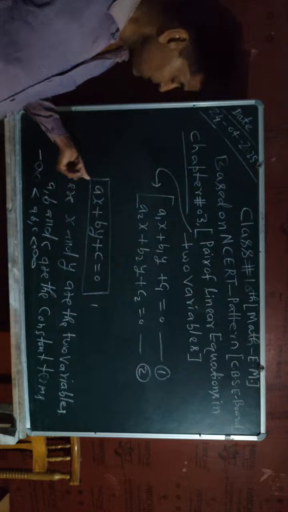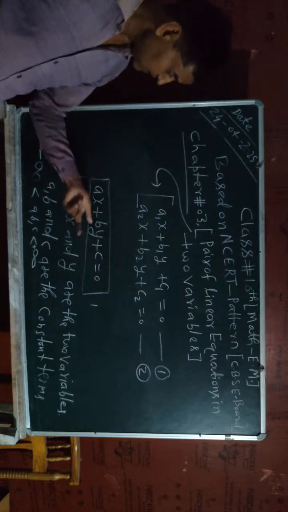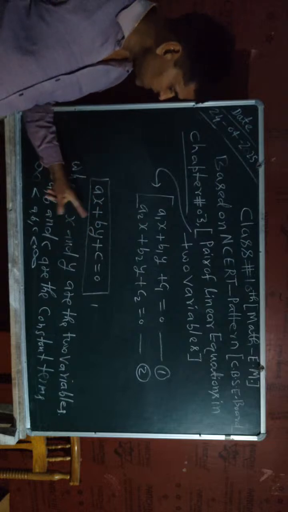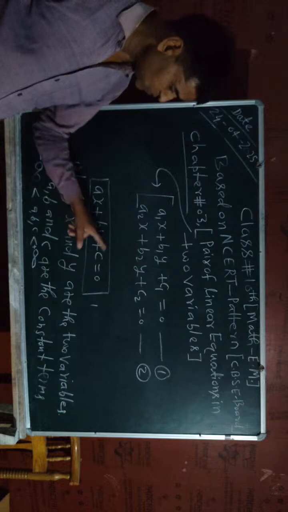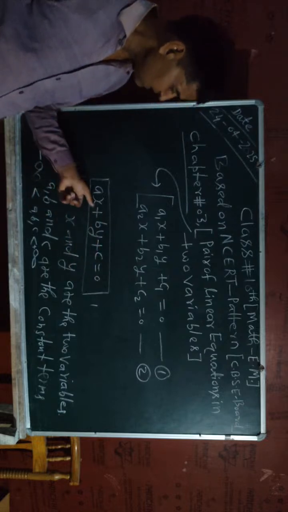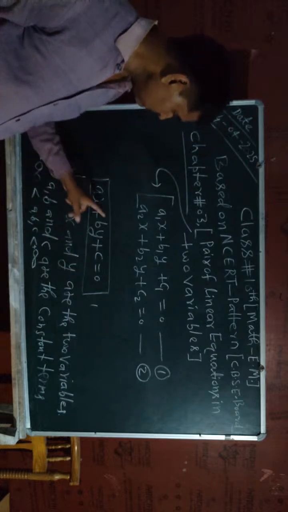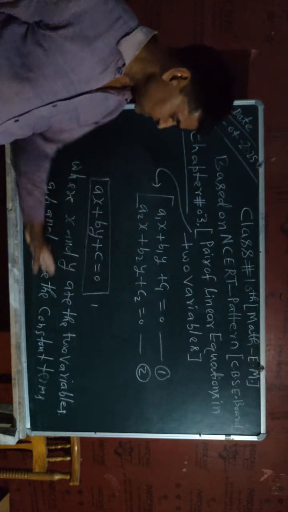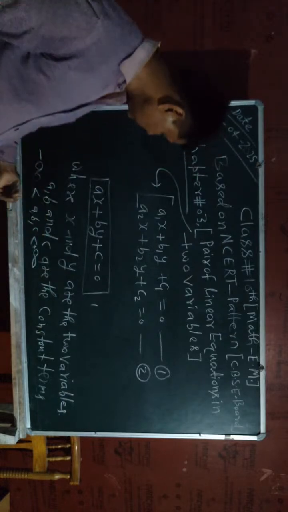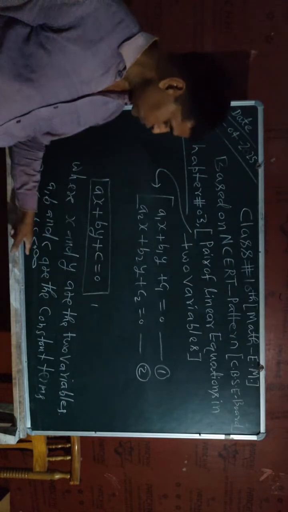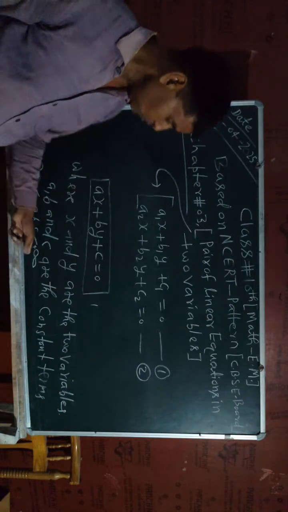Before, I wrote the general equation in two variables x and y as ax plus by plus c equals 0. Here x and y are the variables, but a, b and c are constant terms, and they have values from minus infinity to plus infinity, because their domain is from minus infinity to plus infinity.